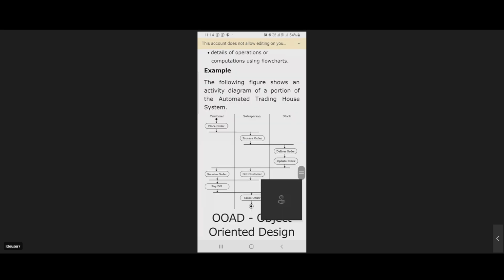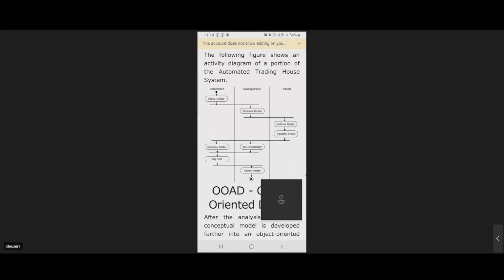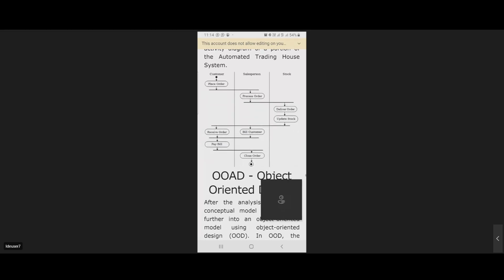Now this is called an activity diagram of the automated trading system. We have the activities: the customer, salesperson, stock, and so on. If the customer places an order, the salesperson processes the order. Stock is delivered or not updated. Then the bill is generated.